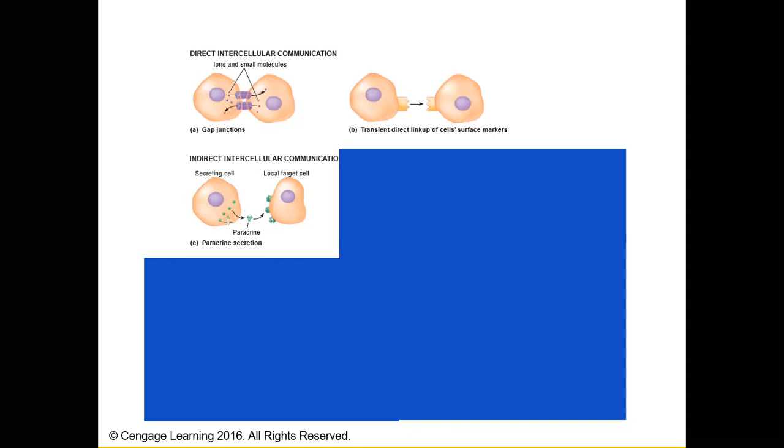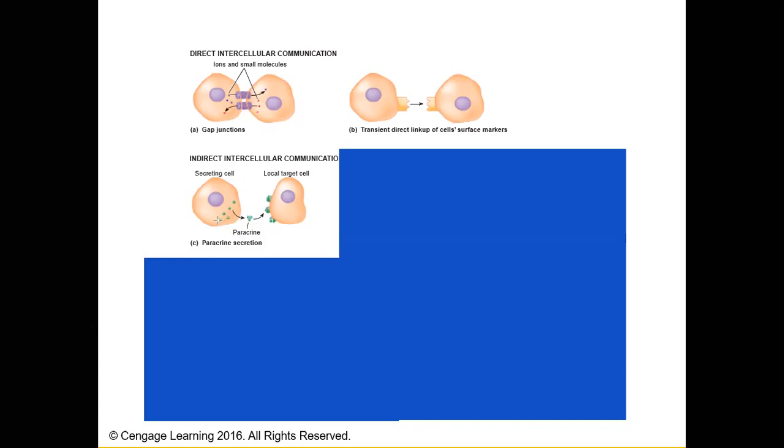Now, it is not always that paracrine signaling is occurring due to tissue damage. In some cases, it is physiological. Things like in the digestive system, you're going to see when you're doing digestive physiology, some cells, once they are stimulated by a certain food type, will cause the release of some chemicals, and those chemicals will stimulate other cells to start releasing the appropriate enzymes to digest that protein.